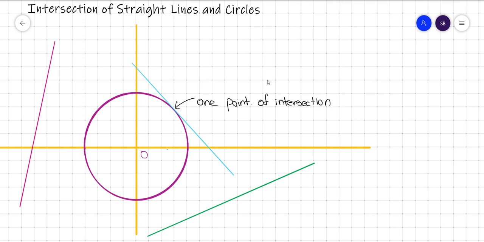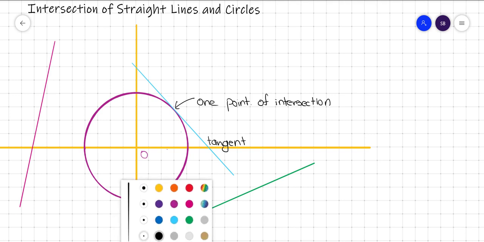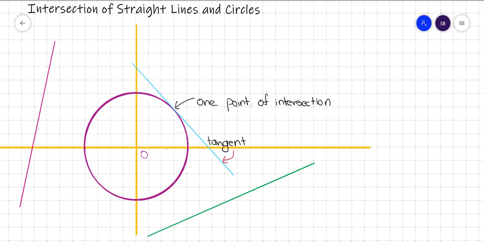A line that intersects the circle only at one point is called a tangent. So, this line is called a tangent. A tangent to a circle is a straight line that intersects the circle at only one point.